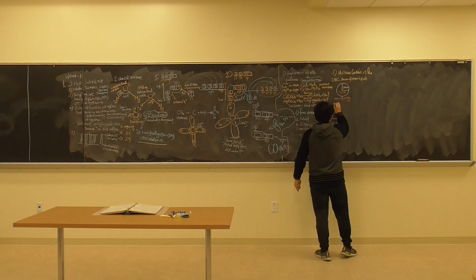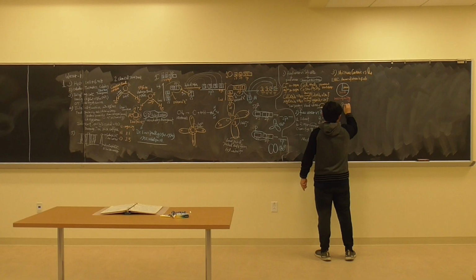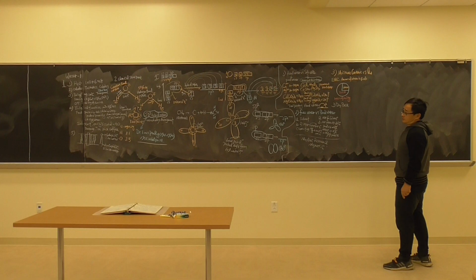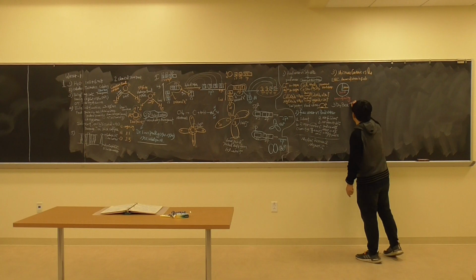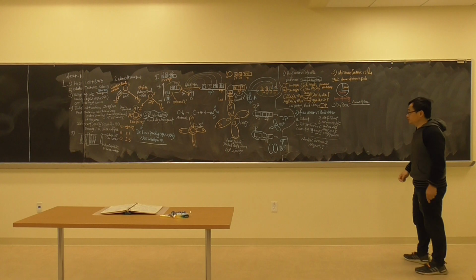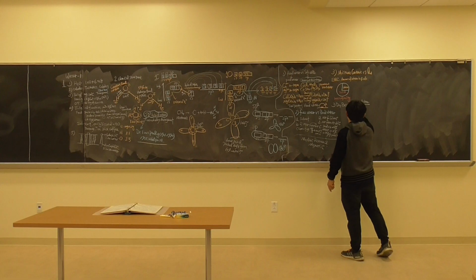The first one we call dry base. What does dry base mean? Dry base means the amount of water is the numerator, and the denominator is the amount of solid.